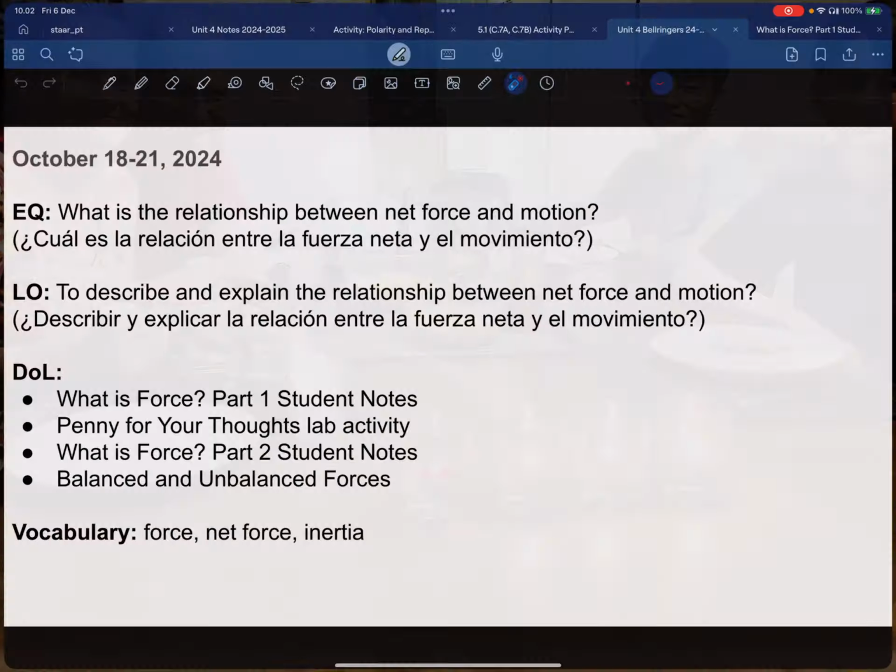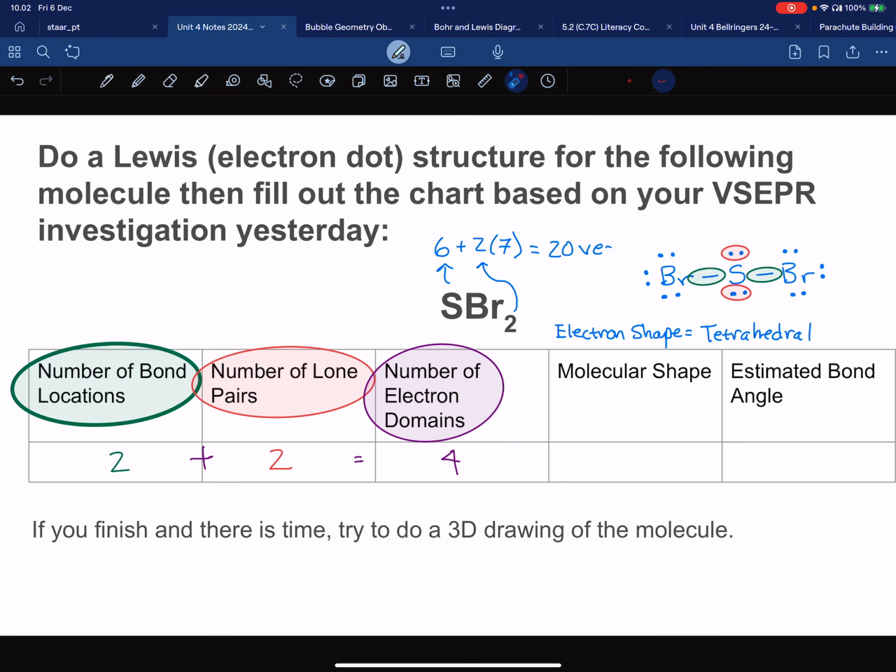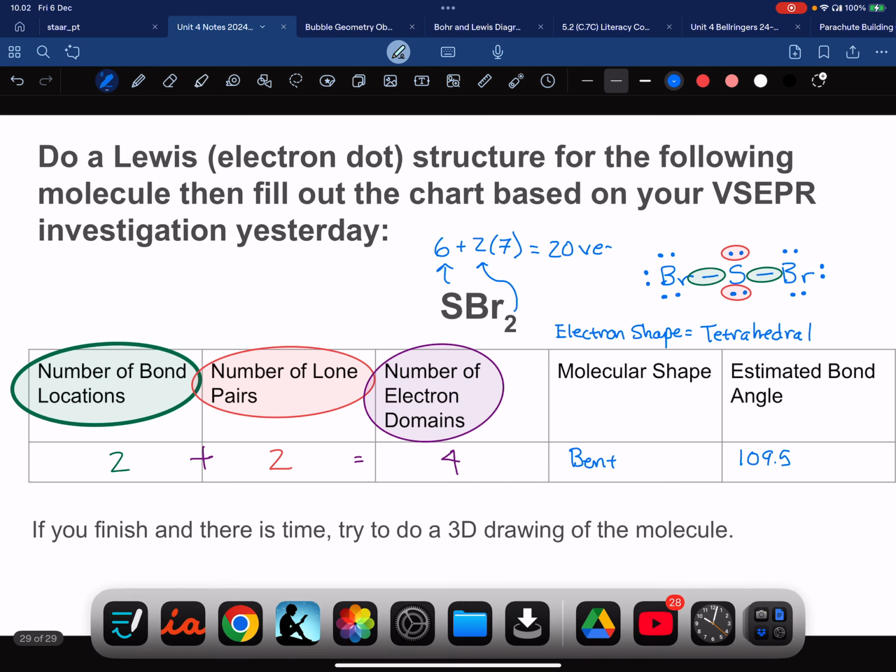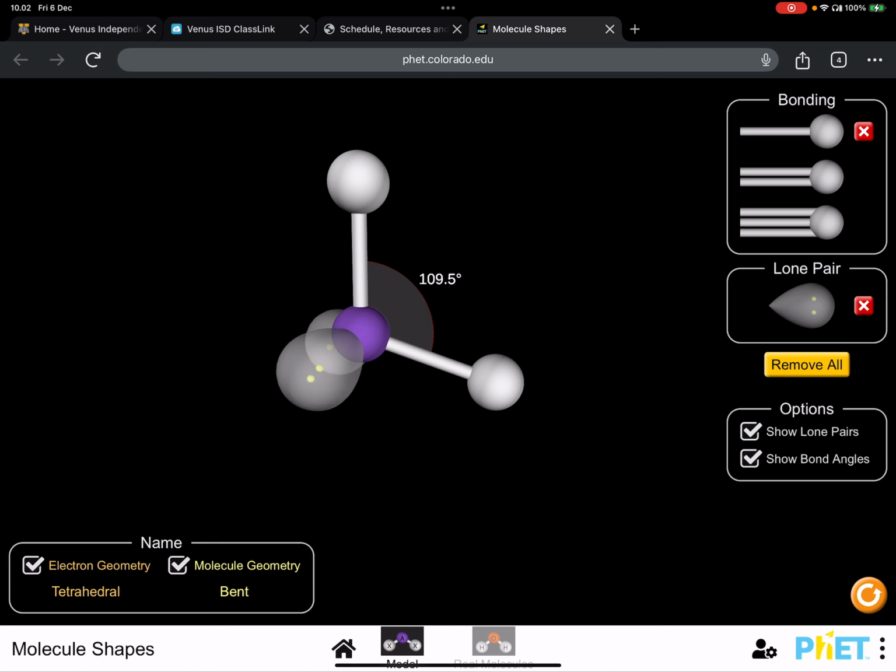Now, that's not strictly speaking true, but we're going to go with it at the moment. Okay, so molecular shape is going to be bent. Estimated bond angle, 109.5. Now, in reality, each of those lone pairs takes up more space than a bond. So that 109.5 is going to be smaller than that 109.5. It's going to be less than that.